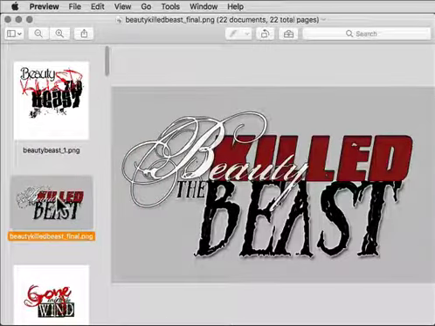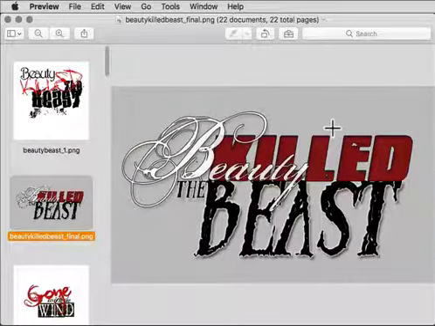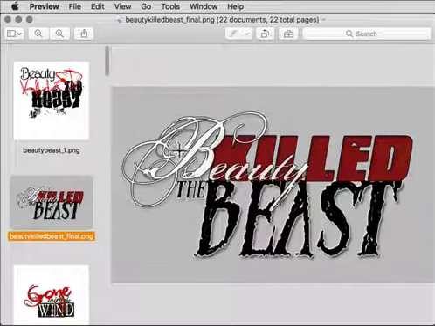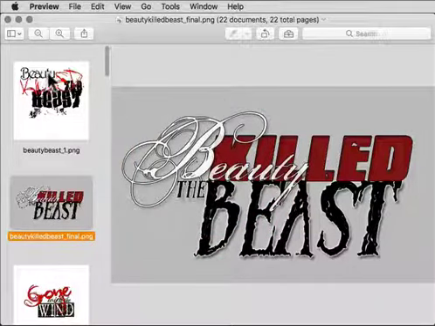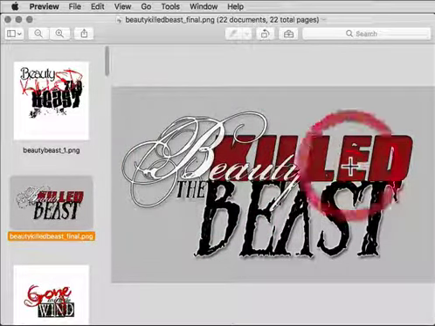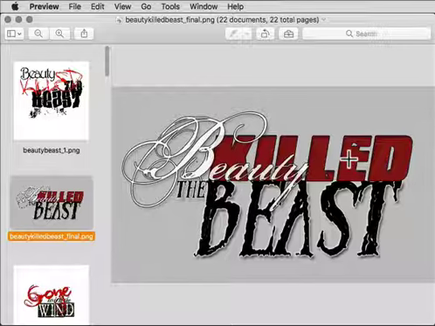And so looking at the same phrase in a different way, the idea is still sort of the same, right? Beauty is still a very pretty typeface. Killed, of course, is now very dominant and very solid. And then the beast still has a kind of gnarly look to it, right?